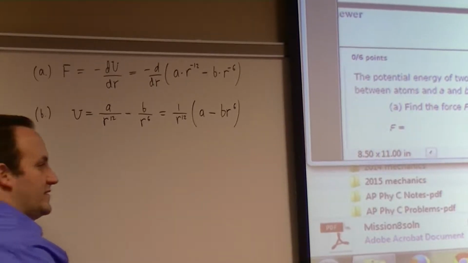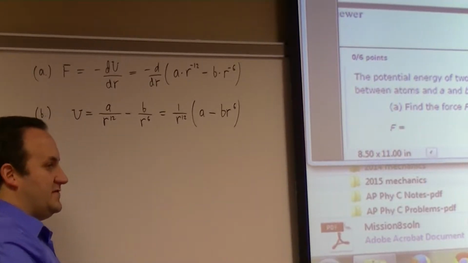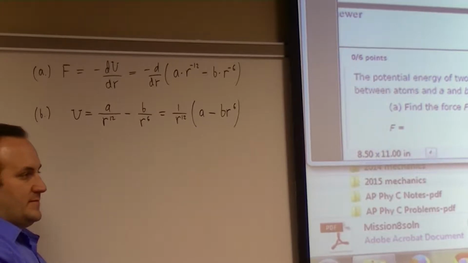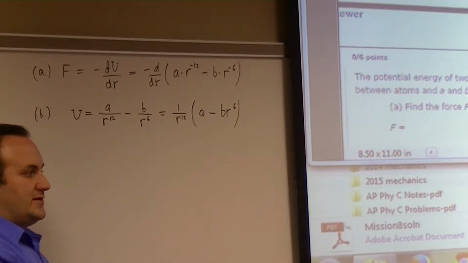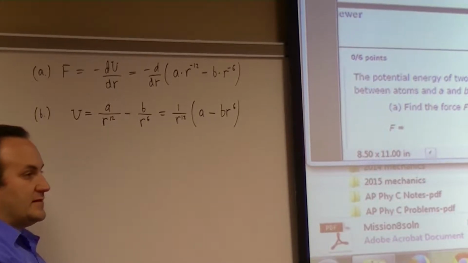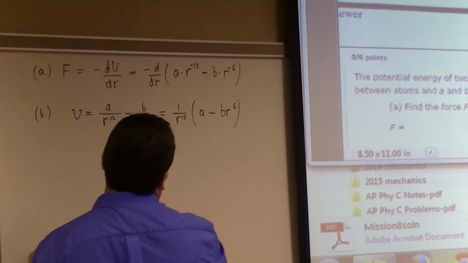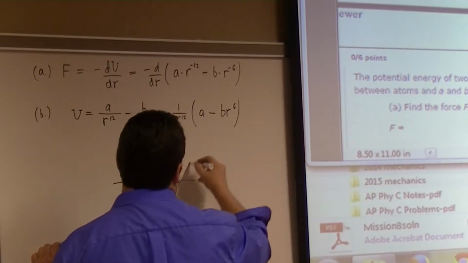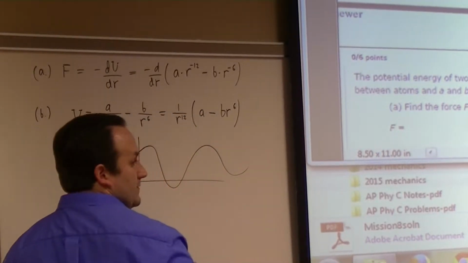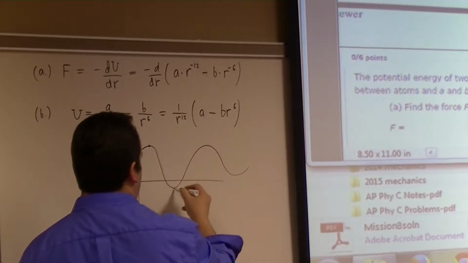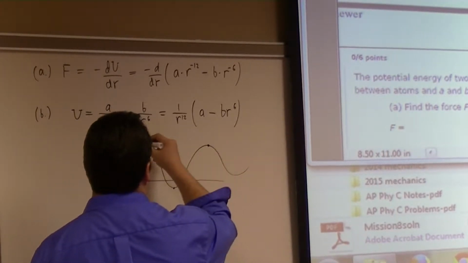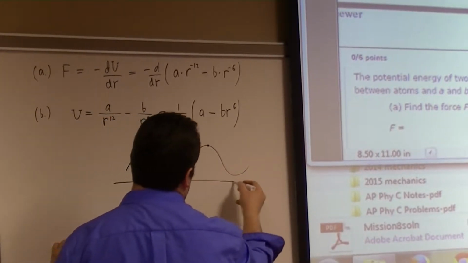Does potential energy being 0 have any kind of deep physical significance? Not really, in general. I mean, it could in a specific example where you've made the potential 0 someplace significant. But for an arbitrary problem, where are the equilibriums? Like here, right? If I'm graphing U versus whatever.